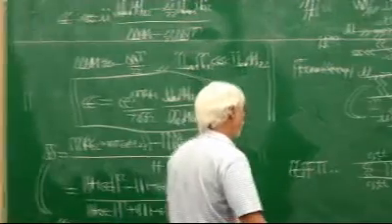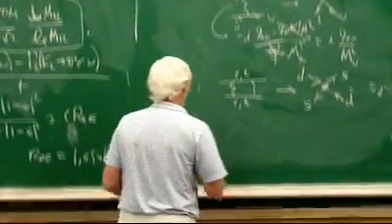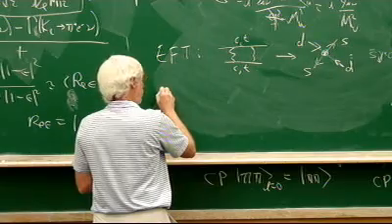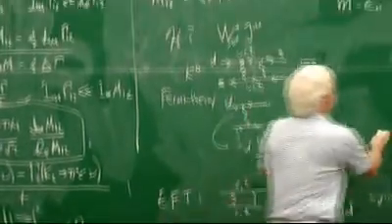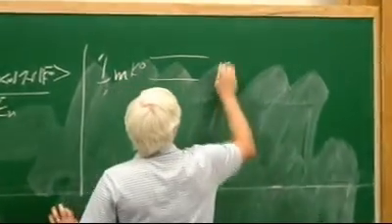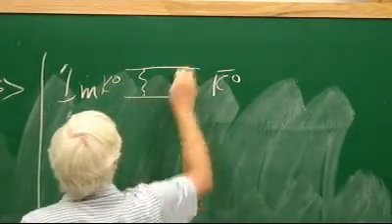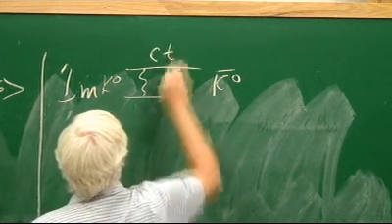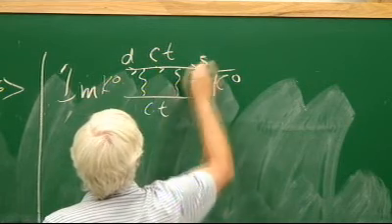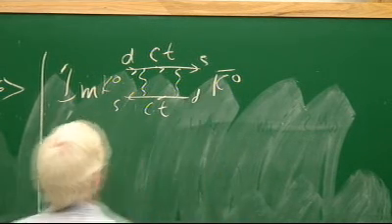So let's imagine we do that. Let's imagine that I take the imaginary part of that diagram. The imaginary part of this diagram, which has the K0 bar, I know I only need C and T here, and here you have D to S, S to D. Okay.